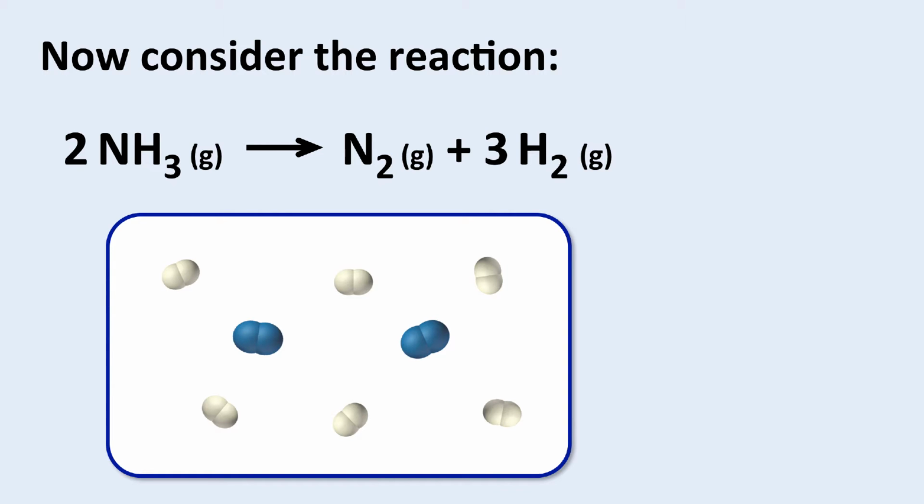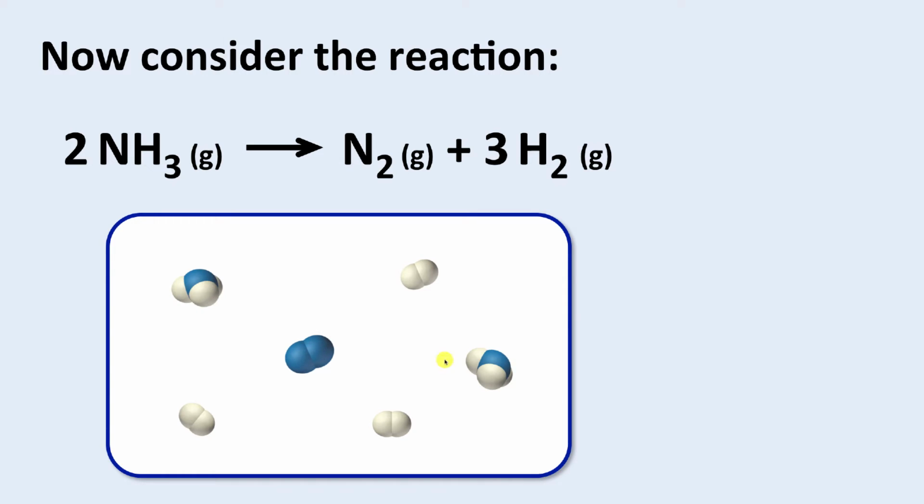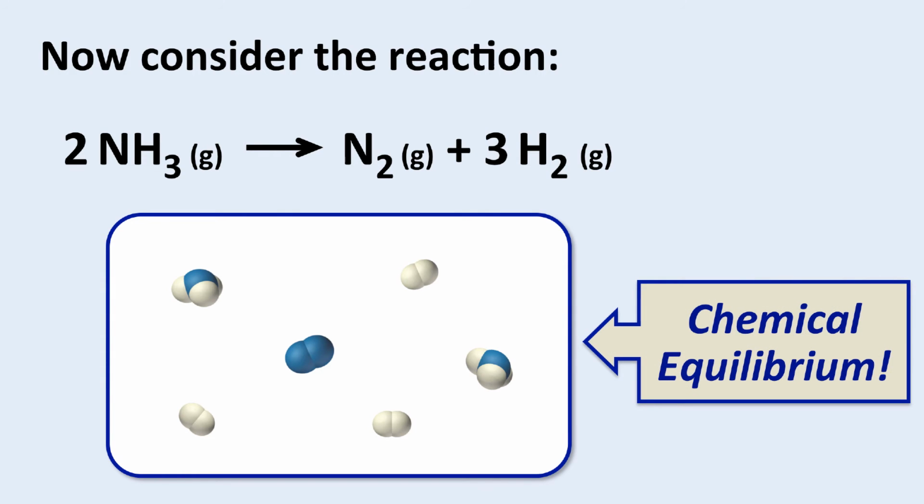Conceivably it could go 100% to make nitrogen and hydrogen, but in reality, in most situations, it will do so partially. Some ammonia will be made, but some nitrogen and hydrogen will remain. And once again, if we have a closed container at constant temperature, we'll eventually reach chemical equilibrium.